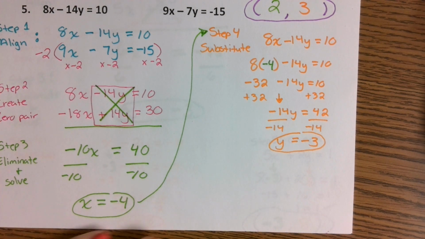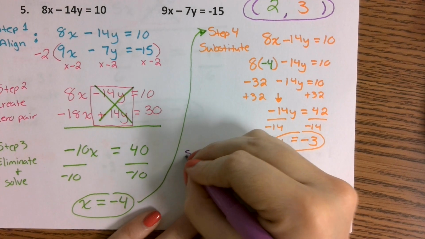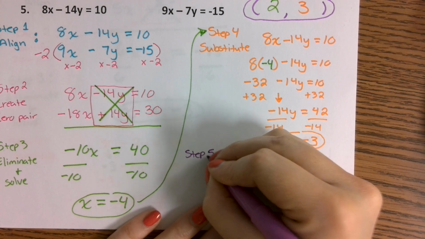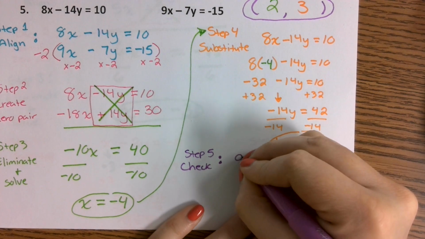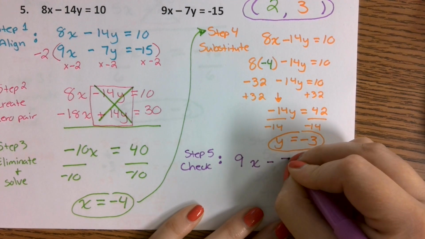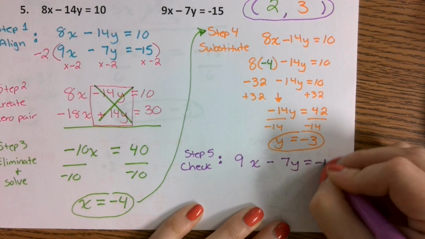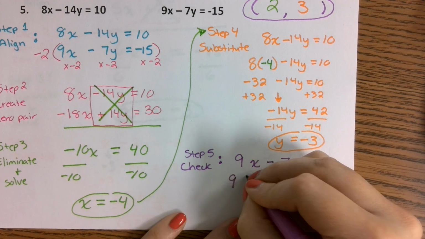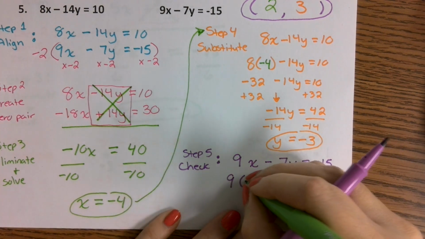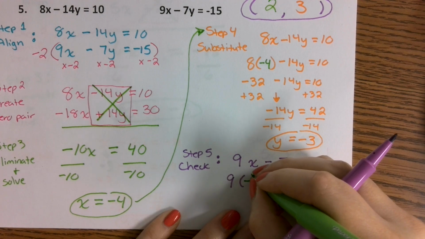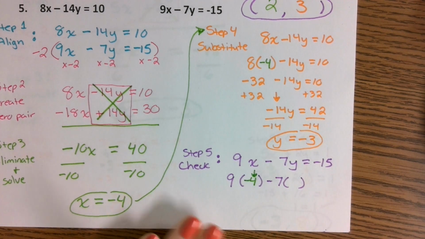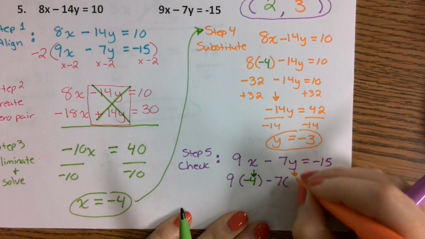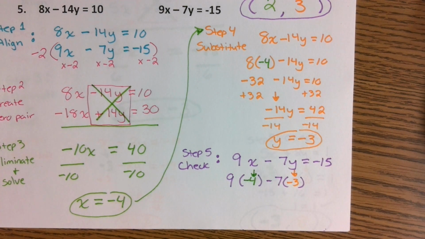We want to double check to make sure that it is correct. So we substitute it back into the second equation that we did not use, for our check method. 9 times x minus 7 times y is equal to negative 15. That becomes 9 times negative 4, because we're substituting negative 4 in for the x, minus 7 times negative 3, because we're substituting negative 3 in for the y.